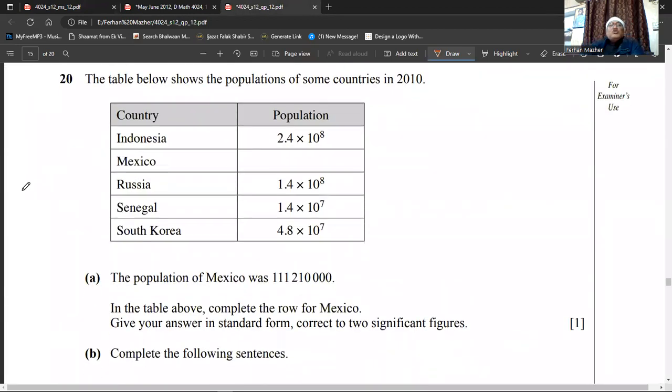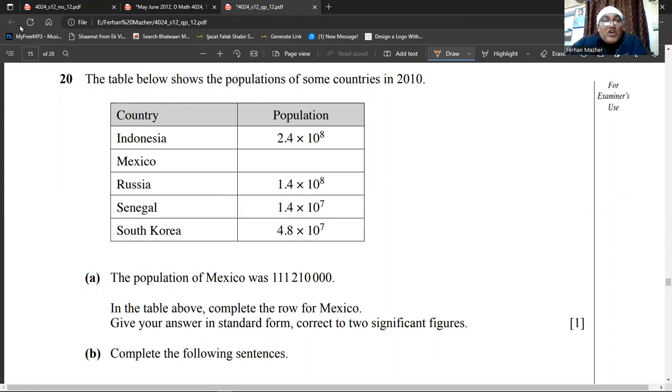And the table below shows the population of some countries in 2010. So we have Indonesia, that is 2.4 x 10 to the power 8. Mexico, its population is not given in the table. Russia, 1.4 x 10 to the power 8. And Senegal is 1.4 x 10 to the power 7. And South Korea is 4.8 x 10 to the power 7.